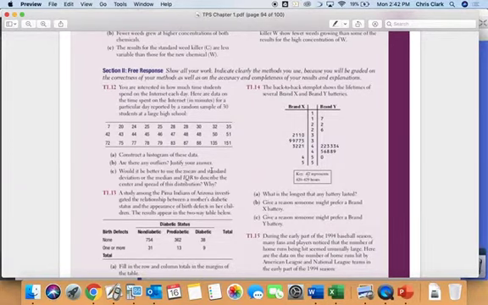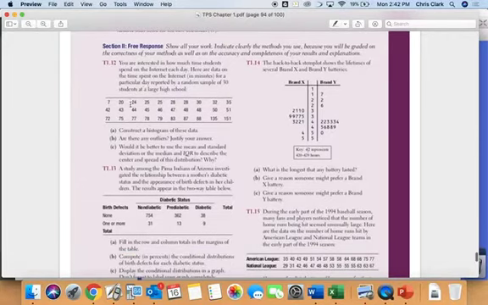And then would it be better to use mean and standard deviation or median and IQR? In this case, since there's an outlier and since it's a little bit skewed to the right, I would definitely use median and IQR. This question right here is great. All three of these questions you're going to have to know on a free response question on this test. This is like the perfect question for this free response test. Make sure you understand how to do this problem.